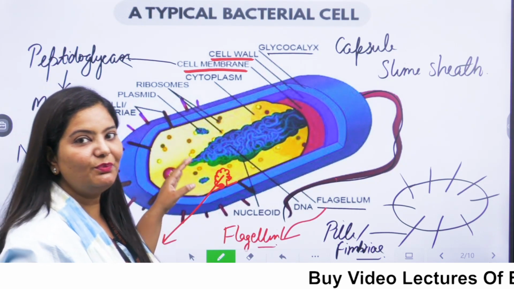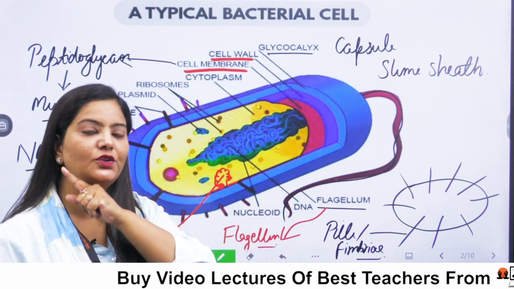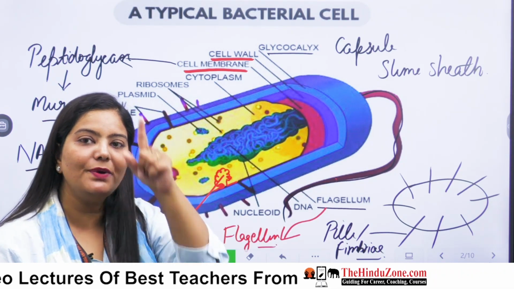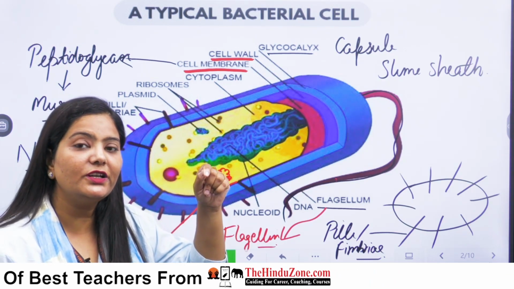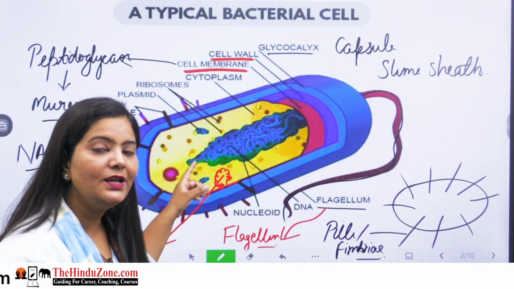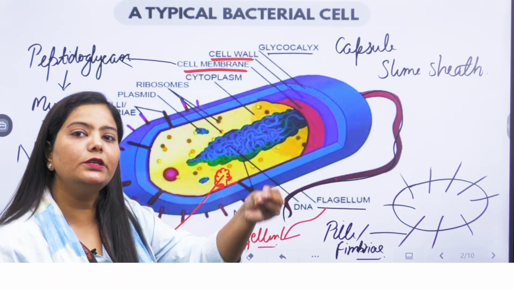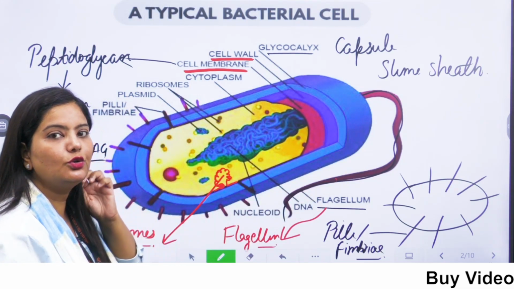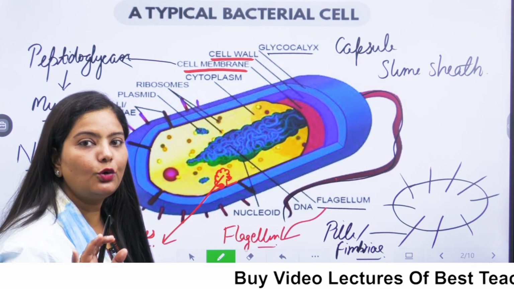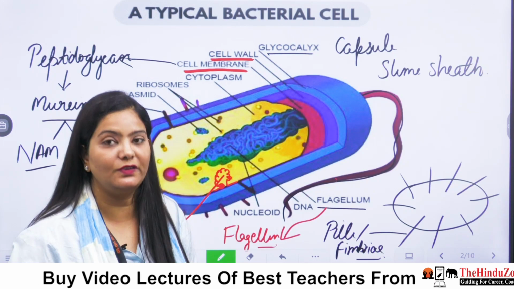As you know, bacterial cells are prokaryotic cells, so they don't have any eukaryotic organelle. In eukaryotic cells, for respiration and energy production, mitochondria are present. So here, in place of that, the inward projection of plasma membrane is present, which is called mesosome. These mesosomes not just participate in cell respiration, but are also somehow linked with cell division.